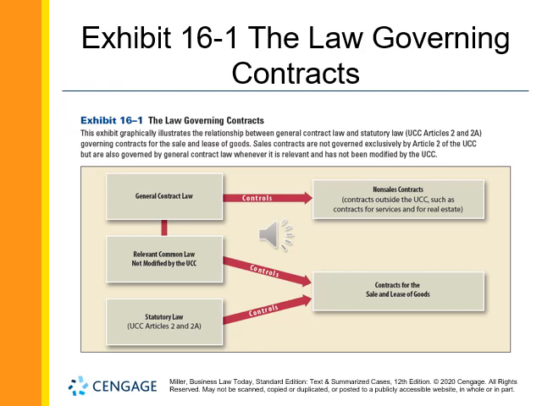Connected to the general contracts box is the relevant common law, being case-made law by judges and courts, which has not been modified by the UCC. What does it control, and under what circumstances? It controls contracts for the sale and lease of goods together with statutory law, which are UCC Articles 2 and 2A, which simultaneously control contracts for the sale and lease of goods.